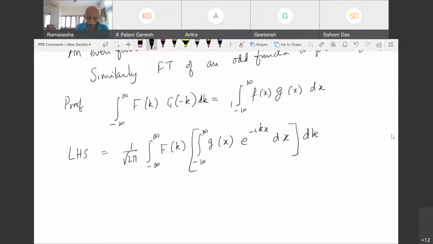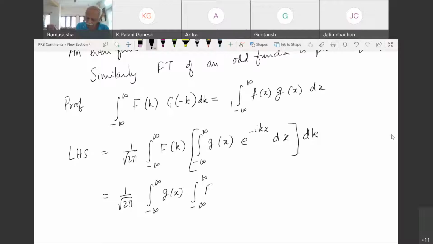This is equal to 1 upon the integral from minus infinity to infinity of g of x. I'm going to change the order of the integration. I'll take f of k e to the minus ikx dk times dx.